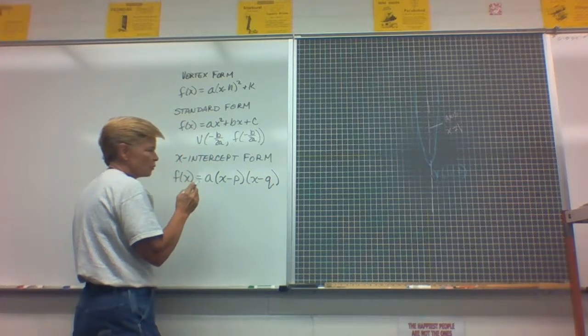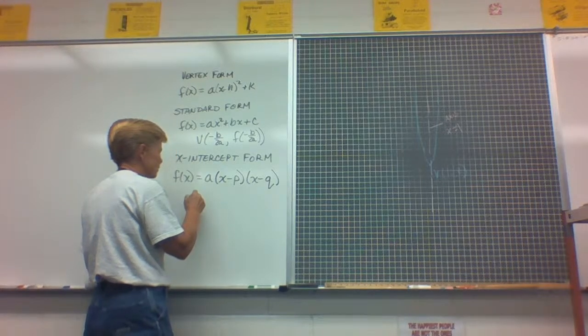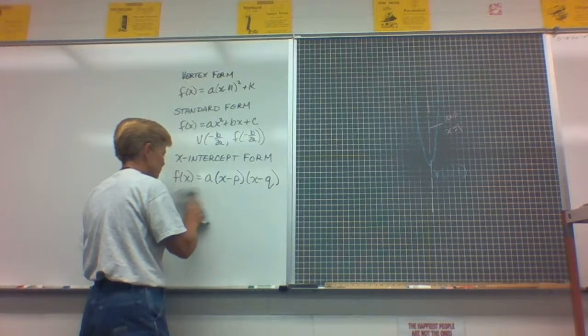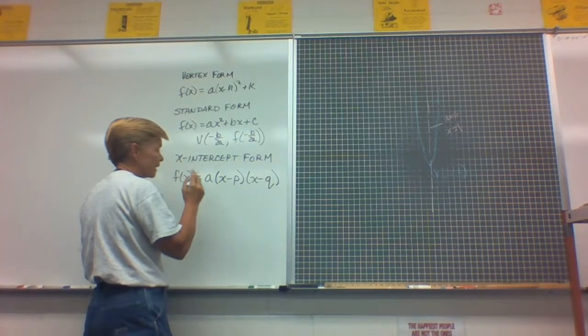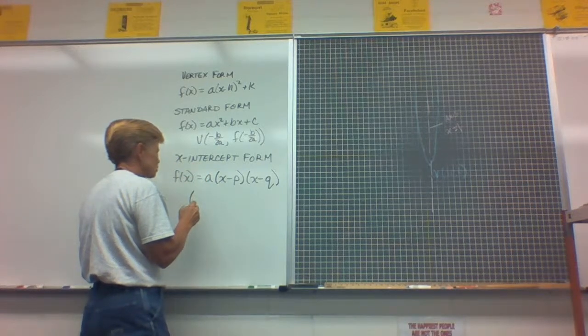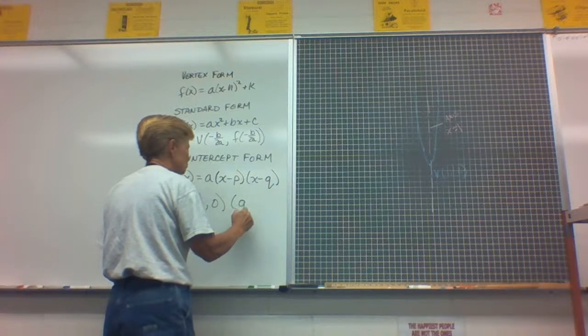And what the p and the q are: there are 2 points on the graph, and they hit the x-axis. They're called the x-intercepts. That's why we call it this. It's going to be the point P, 0, and Q, 0.